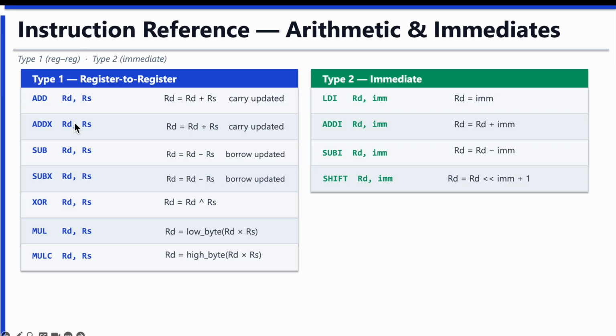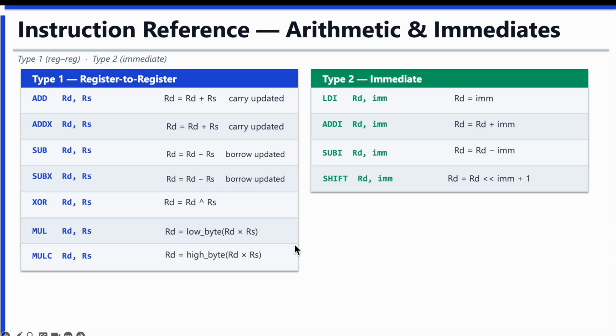And addX, on the other hand, would also still have registers 0 to 7 for RD, but RS would support the last 4, from R4 to R7. The idea behind this is that by spending an extra instruction, we're able to use these very common instructions, adding and subtracting, with any register. So any register can be source or destination for adding and subtracting.